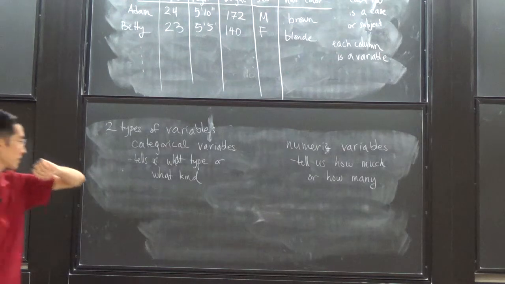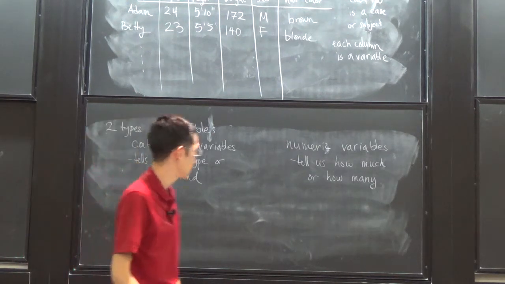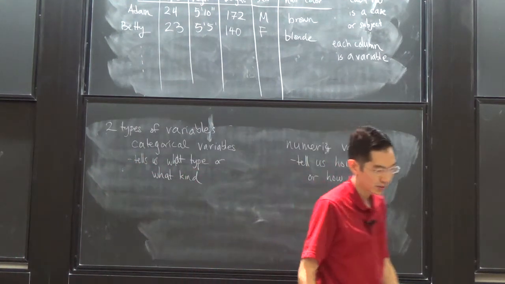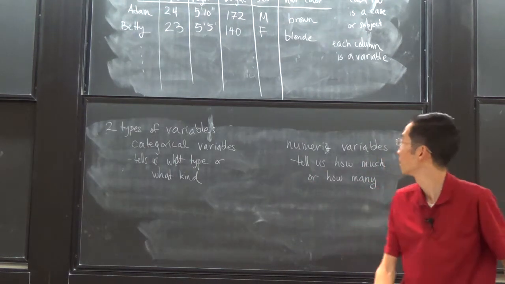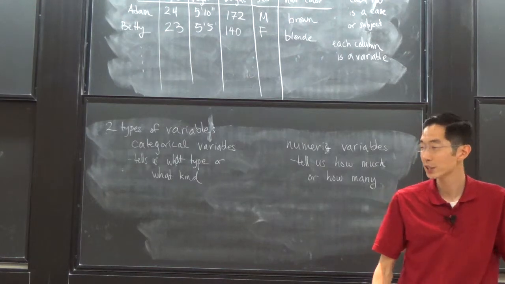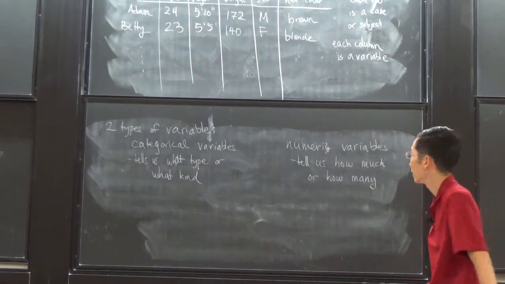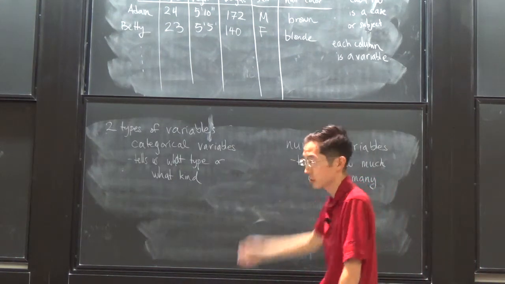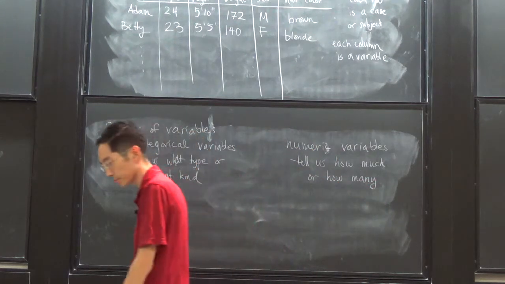So in our above example, which variables are numeric? Age, height, and weight. Okay, the first 3. And then the categorical ones would be sex and hair color.